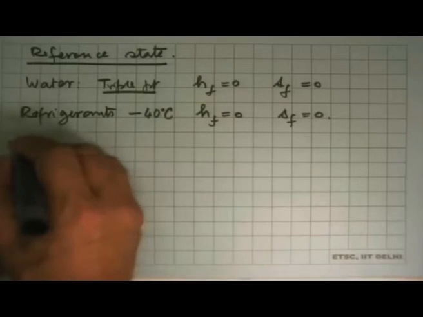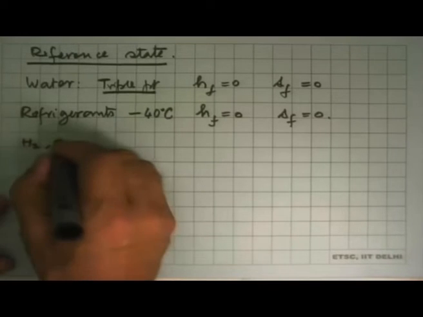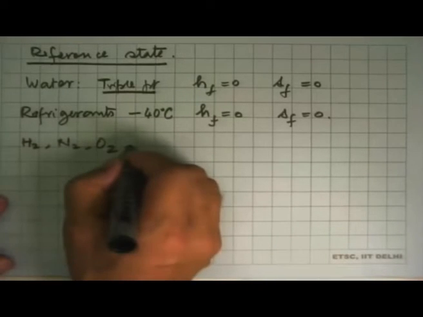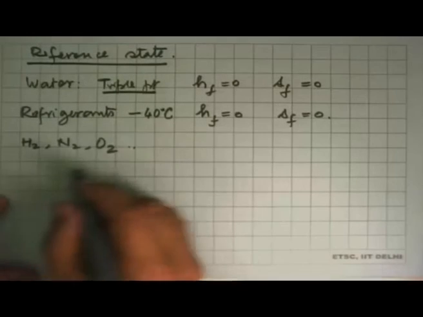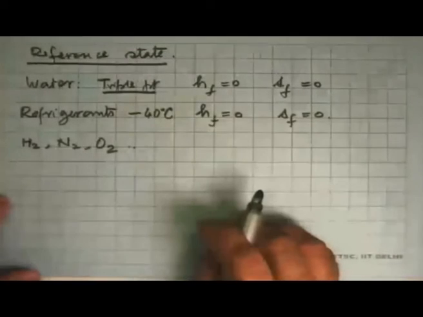And for cryogenic materials, hydrogen, nitrogen, oxygen, again somewhere near the triple point, we set it to 0, or for a material like helium, we can reference it to even 0 Kelvin.